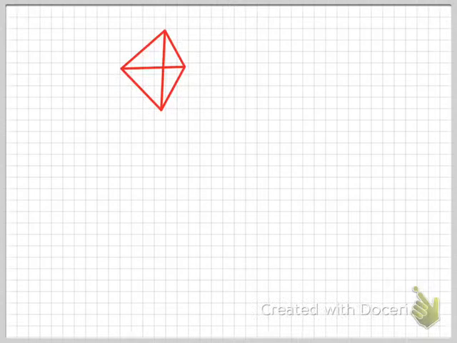That is a triangular pyramid. I want you to draw me the net for that. Then I want you to draw this net for me too.